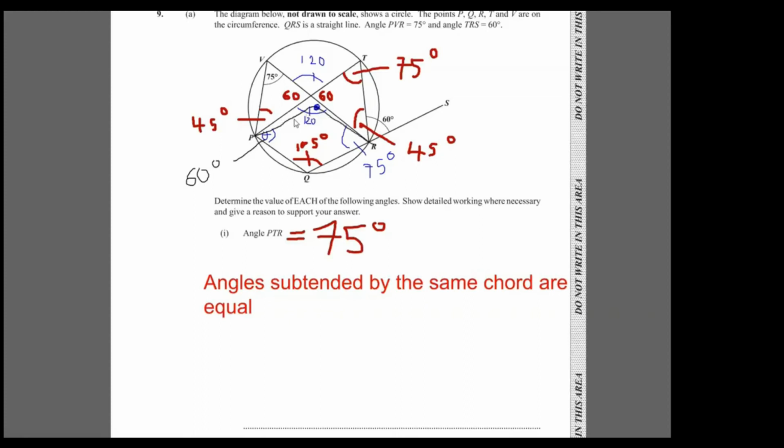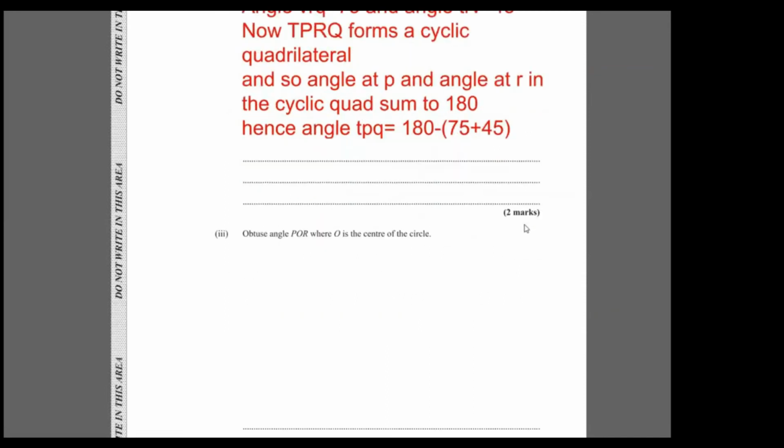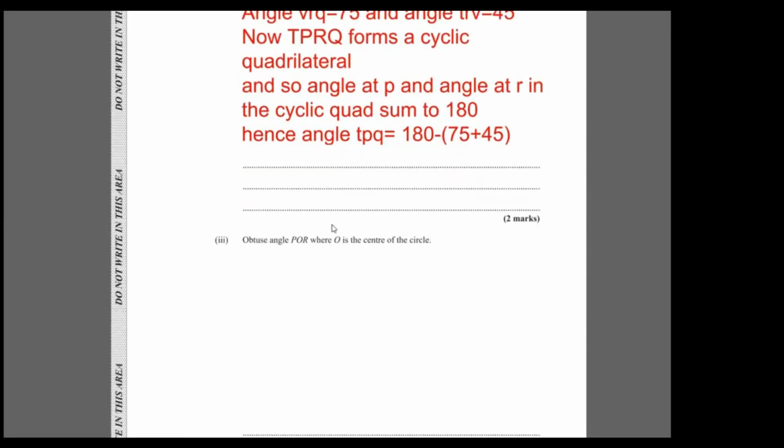Now, the angle at the center is twice the size of the angle at the circumference, when they're formed by the same chord. So angle POR is 150. That's crazy because they didn't put the center on there. So you would have to just know that the angle at the center is twice the size of the angle at the circumference.